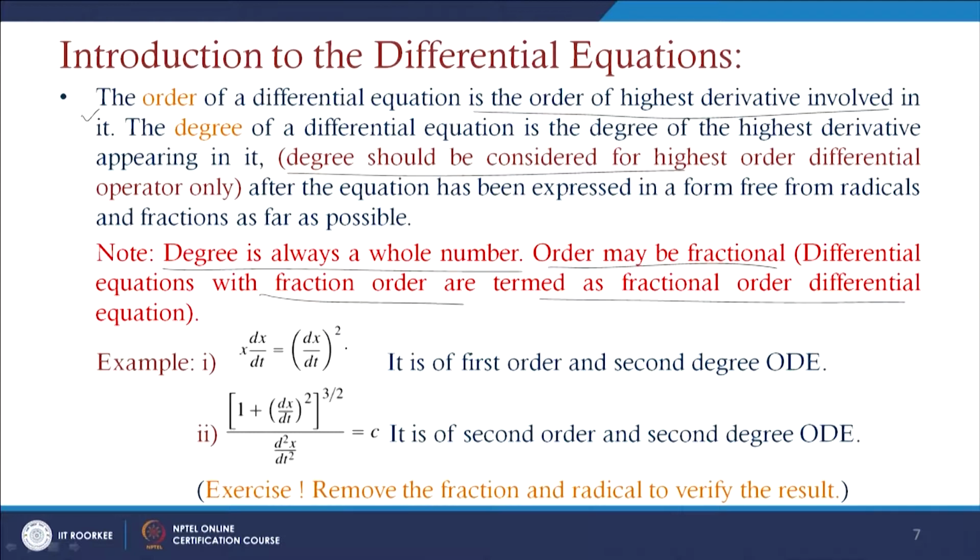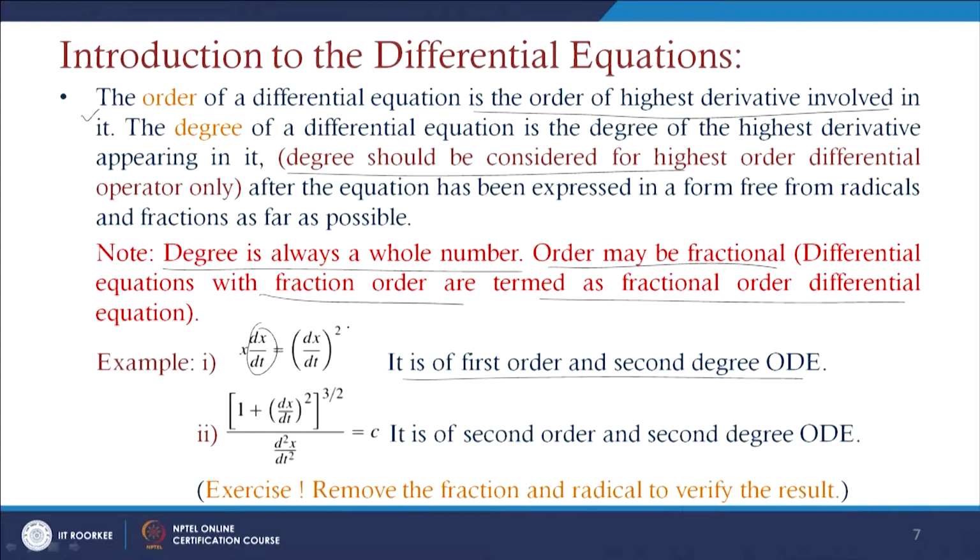If you just see here, it is a first order and second degree ODE. If you see the order of this differential term, it is 1 here, and the order of this other term is 2 here.